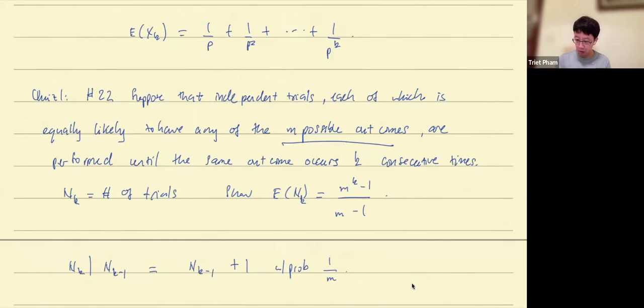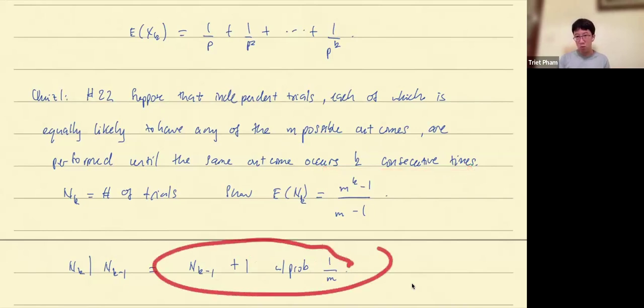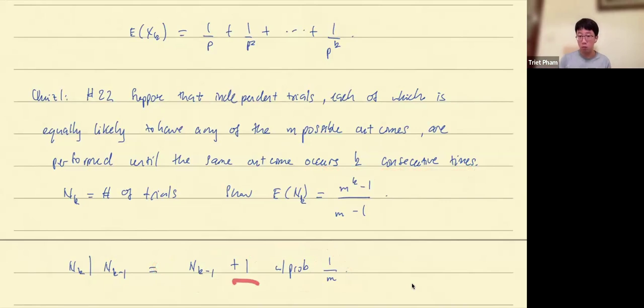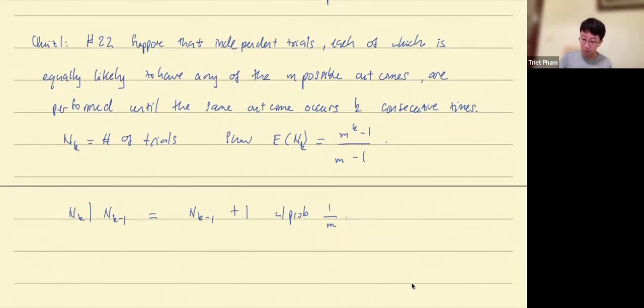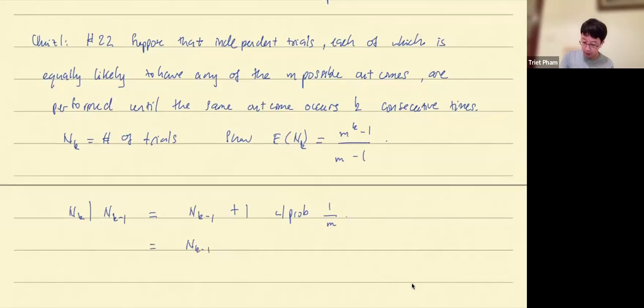So with probability 1 over m, the next trial will have the same outcome as those k minus 1 consecutive times. So you will get lucky, and only need one more trial, and then you're done. However, if that next trial is a failure, and what is a failure here?